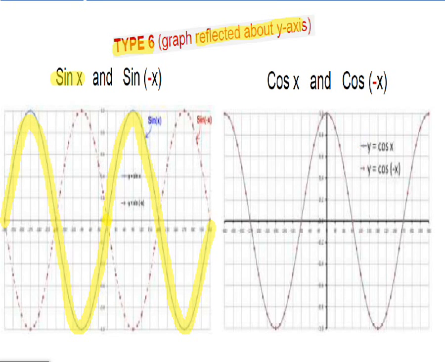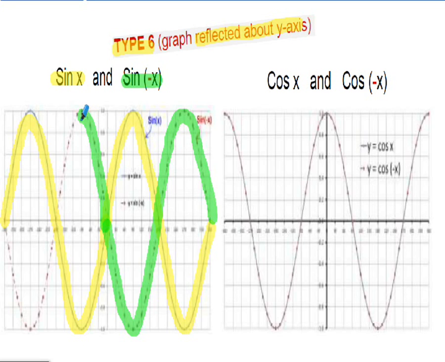If we now plot the sine negative x curve, then we will get this shape, a reflection about the y-axis from 0 to 360 degrees. And if we plot from 0 to negative 360 degrees, we would get this shape, again the reflection about the y-axis.